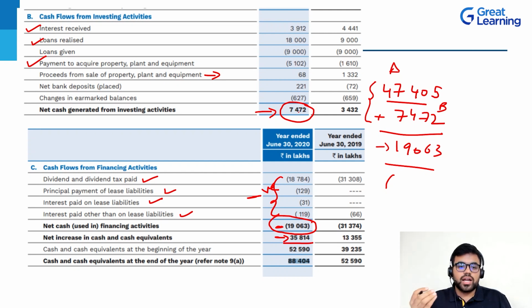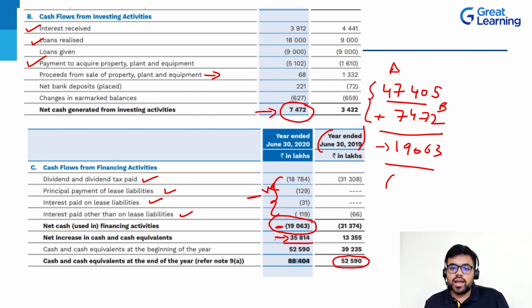Now what happens in this case is that it is rolled. There is a cash and cash equivalent at the beginning of every year. That is basically the end of the previous year's cash flow statement's last entry, that is cash equivalent. As you can see here, for the year ended 2019, you had a cash equivalent of 52,590 lakh rupees.